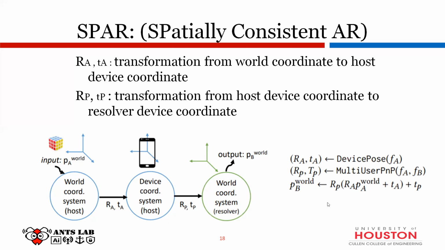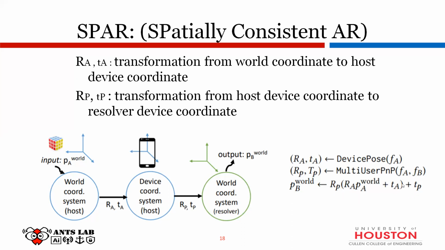The third one is just showing that the PB world, which is the coordinate of the resolver, you can get it by implementing the one on the right.